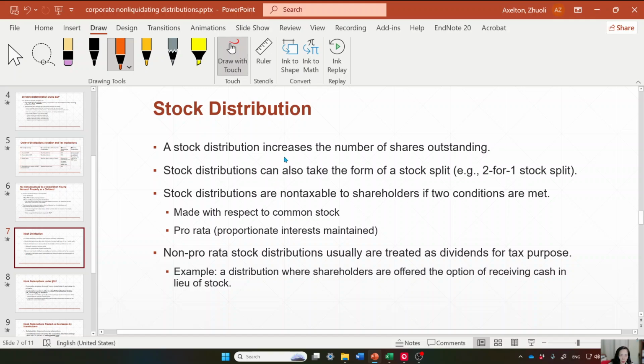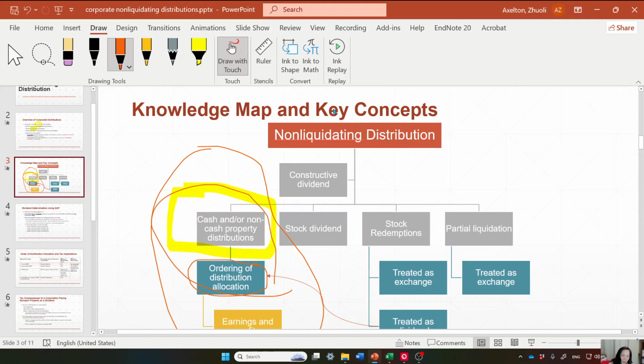Stock distribution, generally speaking, is a tax-free transaction, except for non-pro rata stock distributions, which is just for your information to read. Once we're on this point, I just want to highlight, for the textbook reading, you want to first have a general understanding of where things are at, which are the key parts and which are just additional information we probably will not get to.